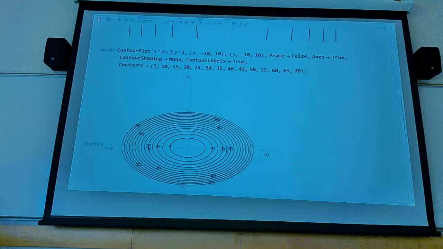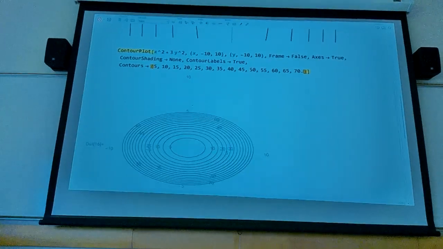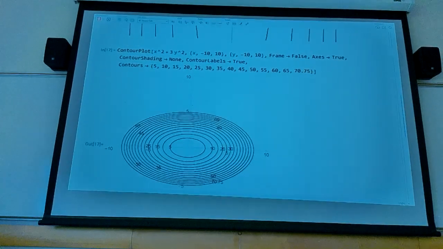The distance between them is starting to shrink, isn't it? As you go further out. Just get 175.